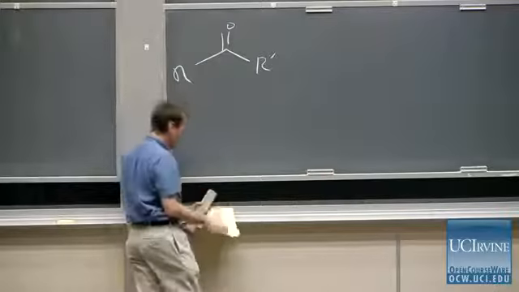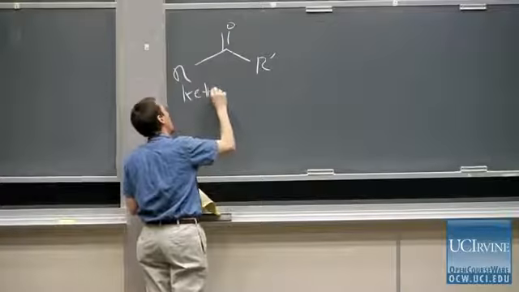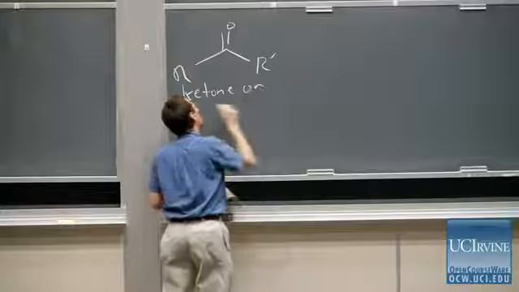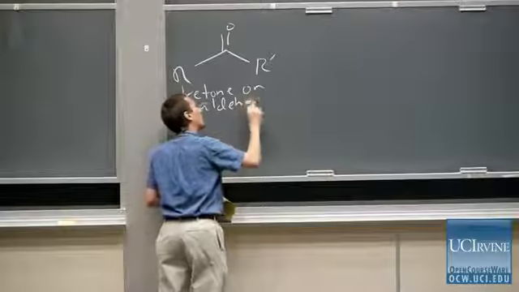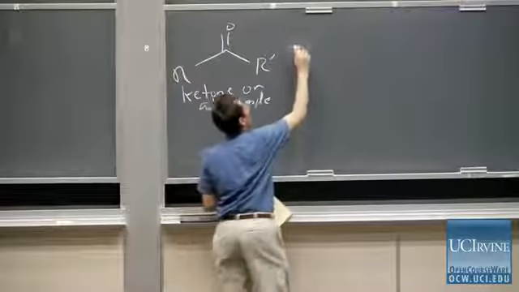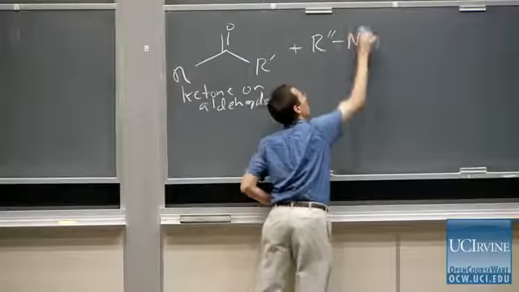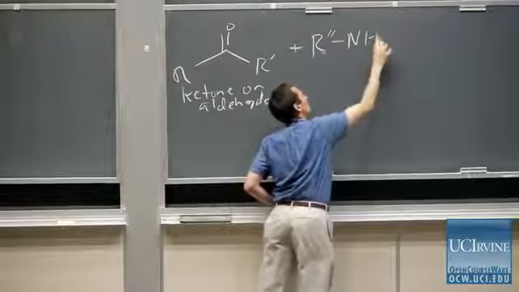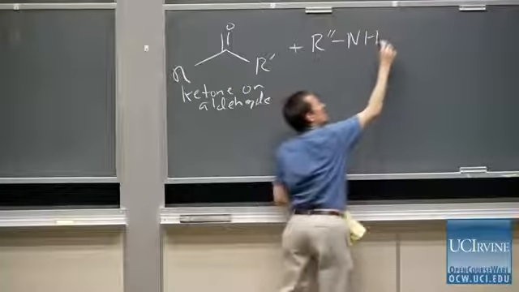So I'll say if we have some ketone or aldehyde, this is a very general reaction. And we treat it with a primary amine, and I'll use double prime to indicate just that we're talking about some R group here, not necessarily the same R group.